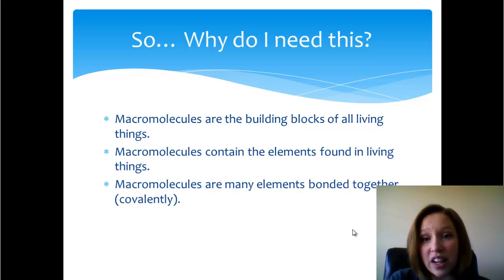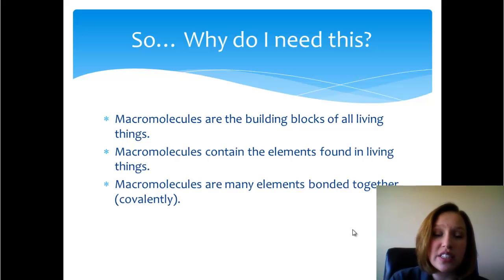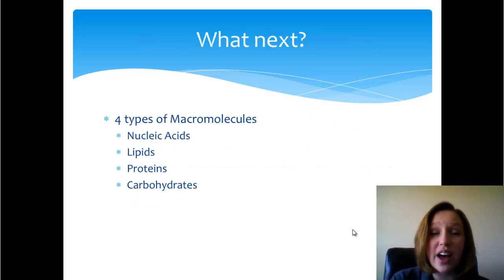Macromolecules are actually made from those elements found in living things that we studied before, and they are simply those elements bonded together, usually covalently. Now, the next video that you're going to need to watch is about the 4 types of macromolecules, and that is the nucleic acids, the lipids, proteins, and those carbohydrates.